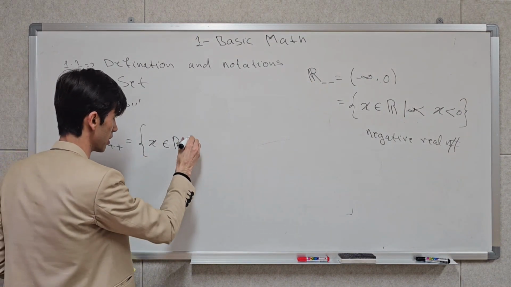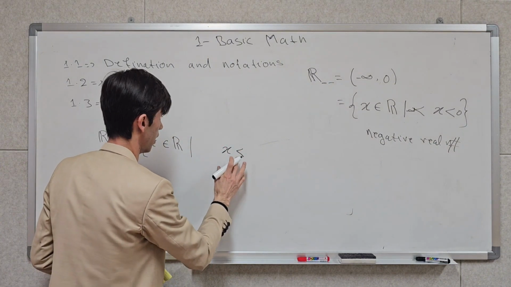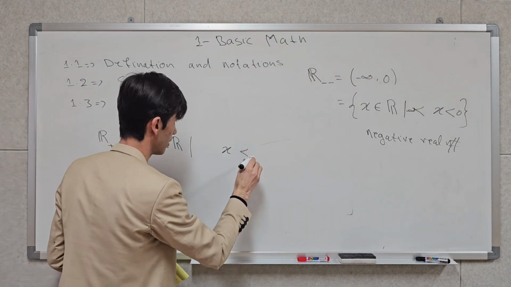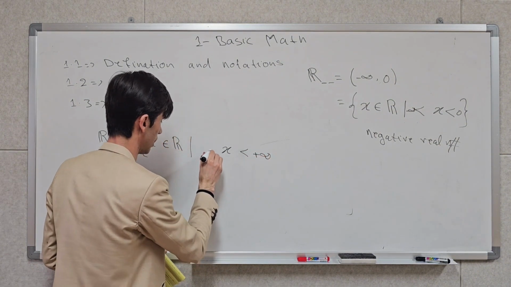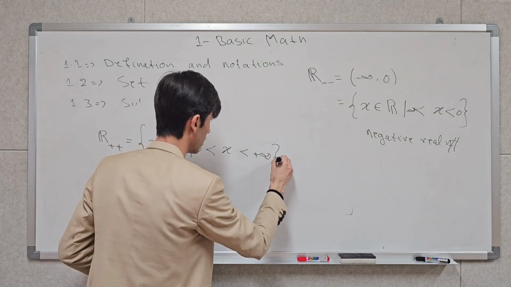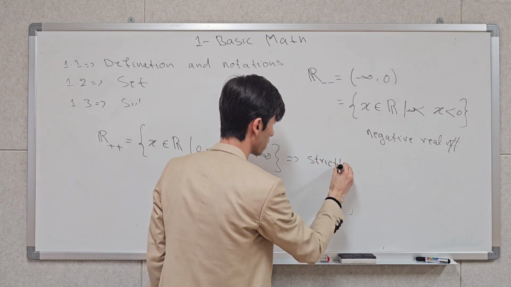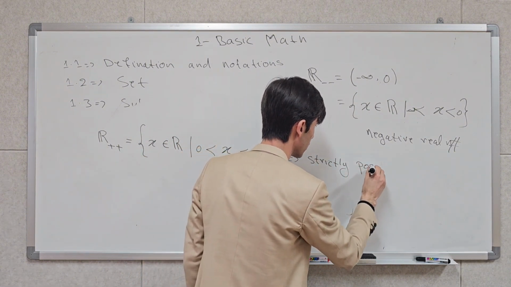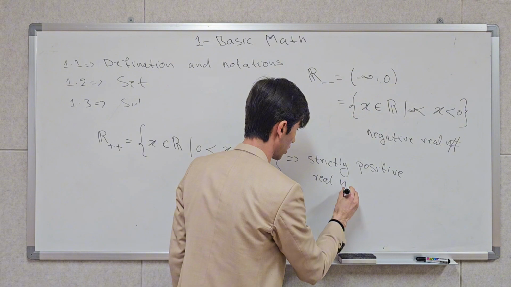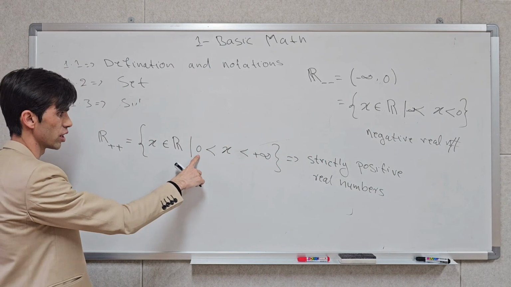X is a set of real numbers such that X is less than positive infinity and greater than 0. That is called strictly positive real numbers, because this set does not include 0.